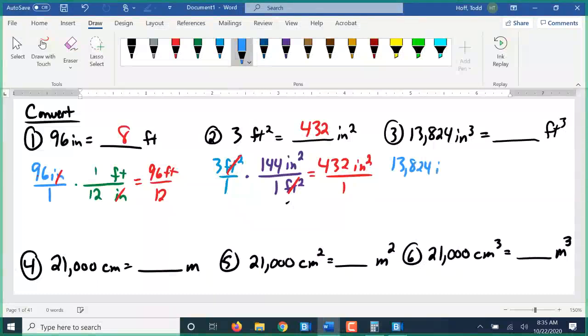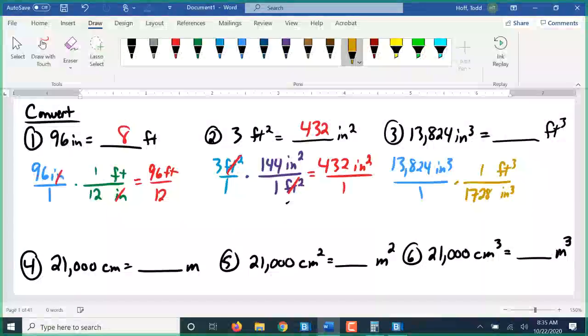13,824 cubic inches. We'll put that over 1. Now in our conversion factor, cubic inches will go on bottom, and we're changing it to cubic feet. 1 cubic foot now is 12 cubed, or 1,728 cubic inches.